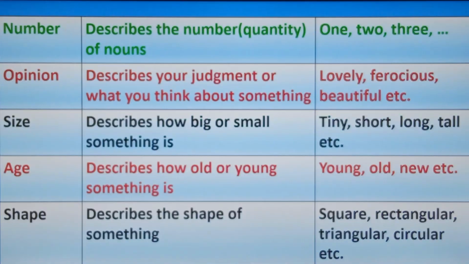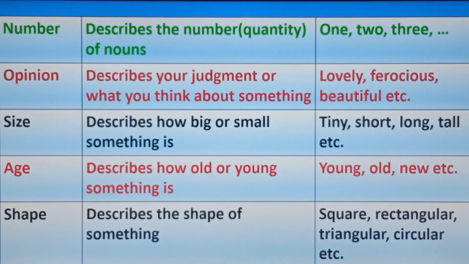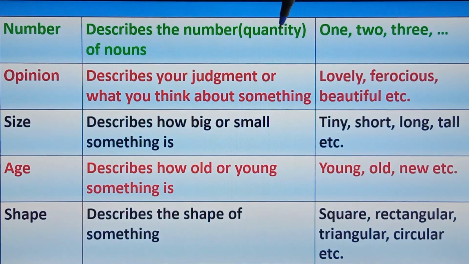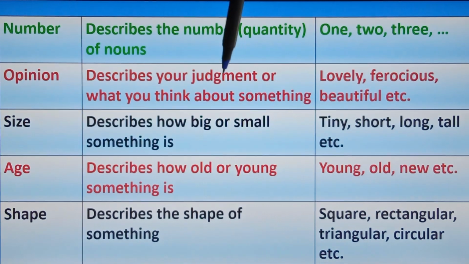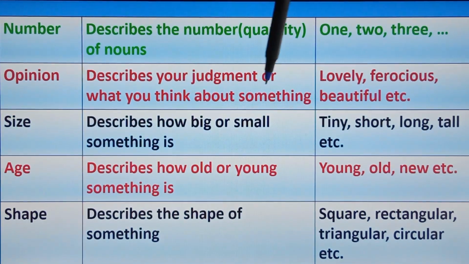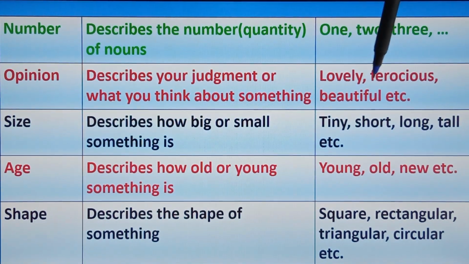Now see, N for number describes the quantity of nouns: 1, 2, 3, 50, 70, etc. Opinion describes your judgment or what you think about something: lovely, precious, beautiful, ugly.